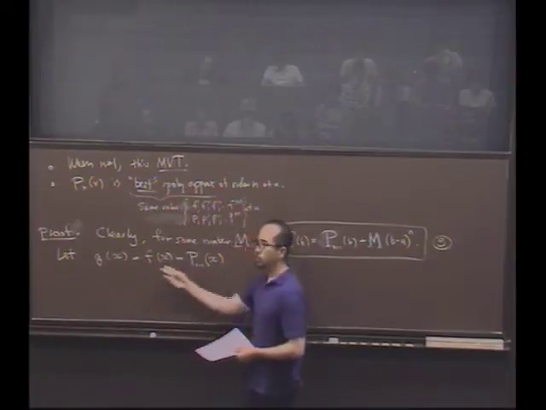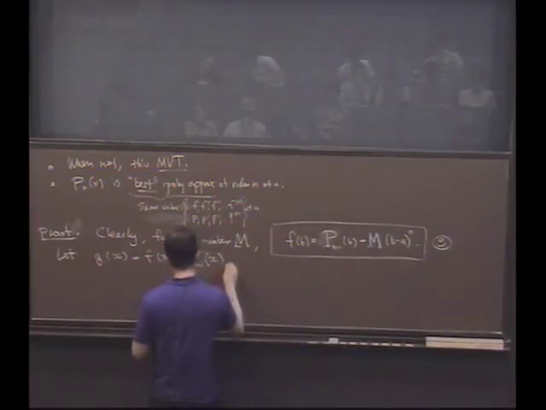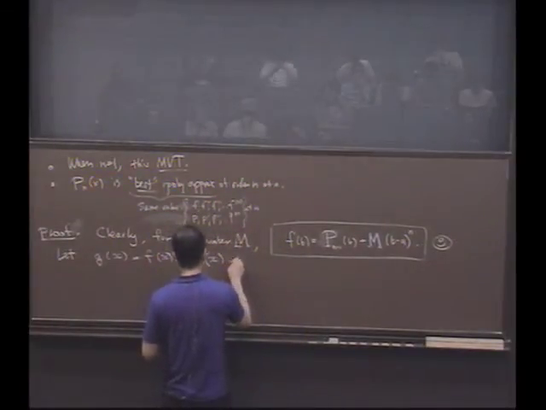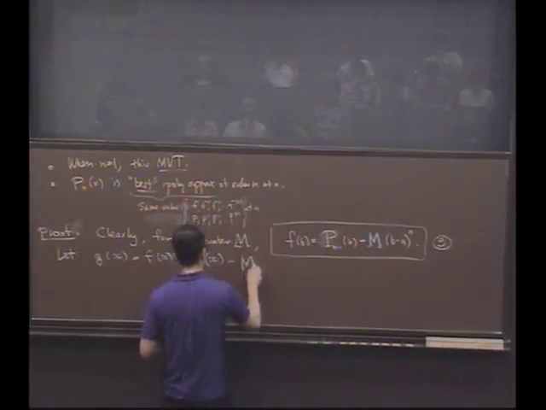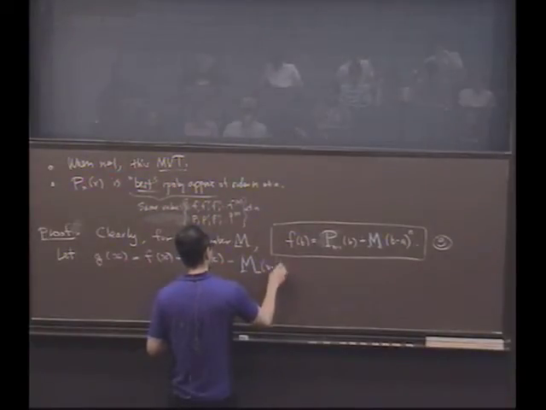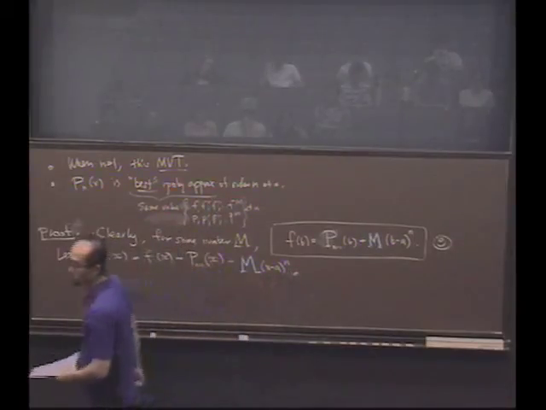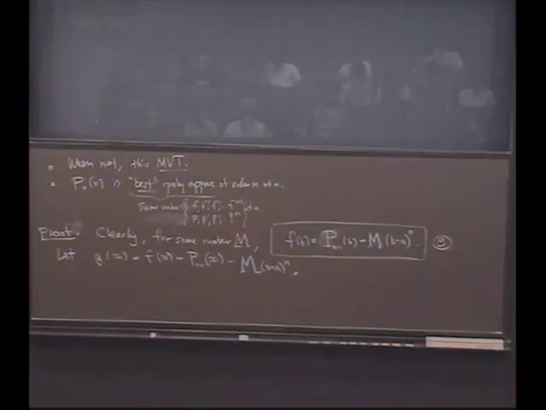Are these going to be equal? No, not necessarily. So let me subtract off m, for that number m you said clearly existed, times x minus a to the n. Okay, now, why in the world would I do this? Well, it's maybe not clear yet. It'll become clear soon, but you can't stop me from defining this function.